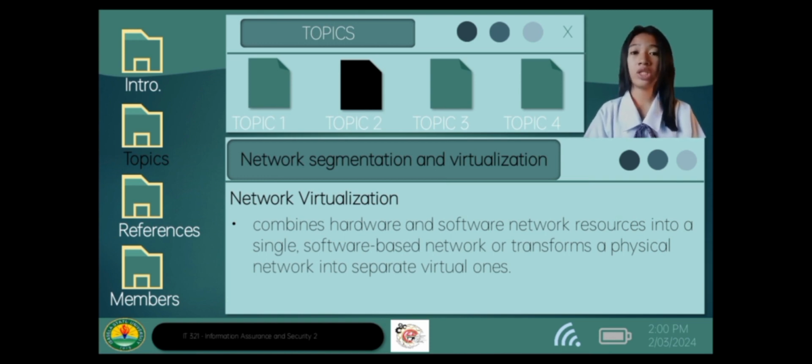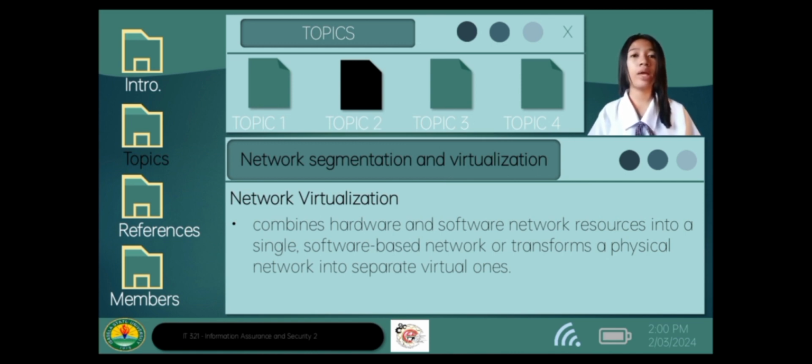Network virtualization combines hardware and software network resources into a single software-based network, or transforms a physical network into separate virtual ones. So, network virtualization merges both the physical components like cables and routers with software elements to form a unified network that operates mainly through software.